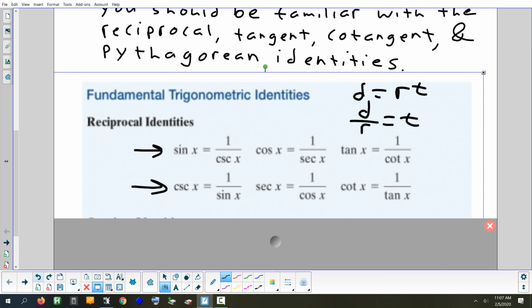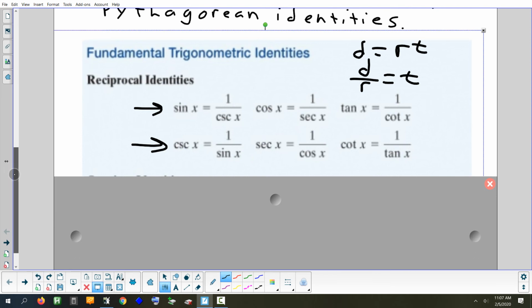No, it's the same formula. All you've done is moved some things around a little bit. Moving things around doesn't give you a new formula. It gives you the same formula with stuff moved around. Same thing here. This top one and this bottom one are the same thing, just moved around, and those last two. Those are called your reciprocal identities.